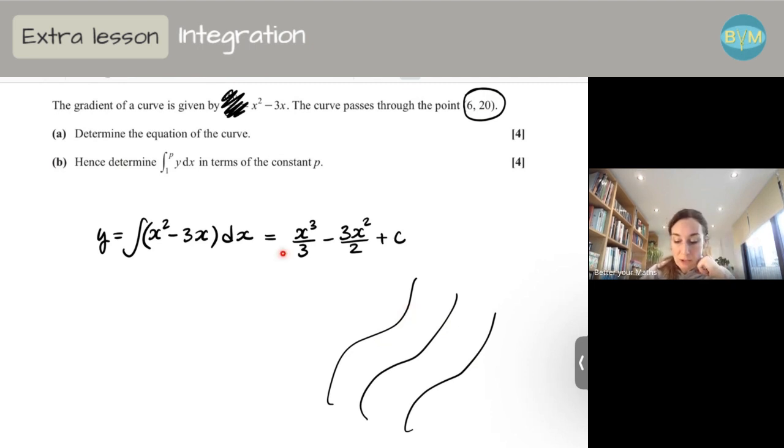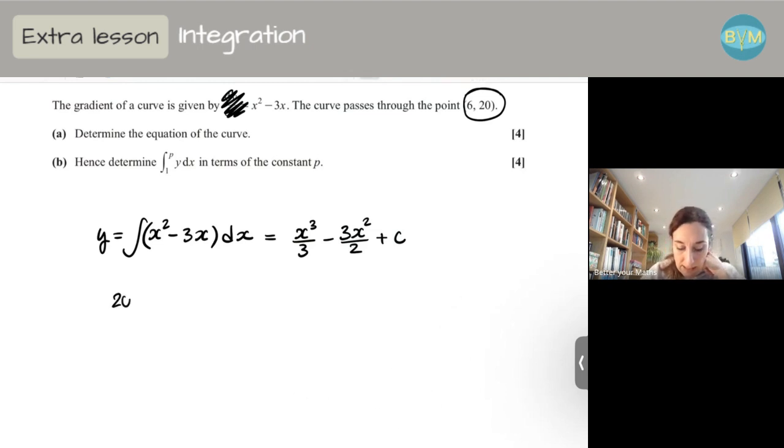So I'm going to substitute the point and find C. I substitute y by 20 and x by 6, and I have 6 cubed divided by 3 minus 3 times 6 squared divided by 2 plus c, and from here I find the constant of integration, and I am able to find the actual curve.